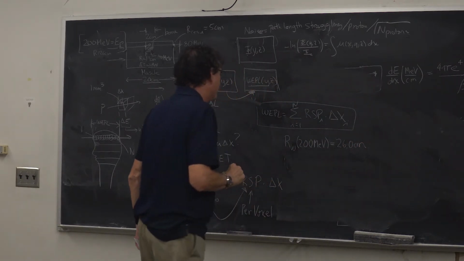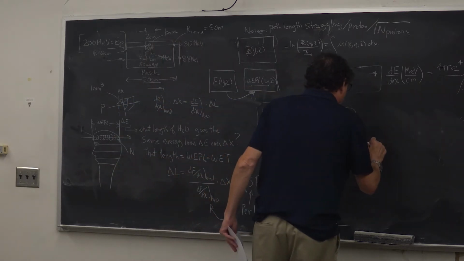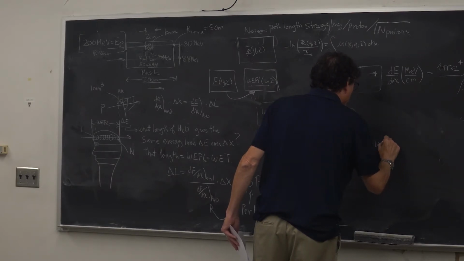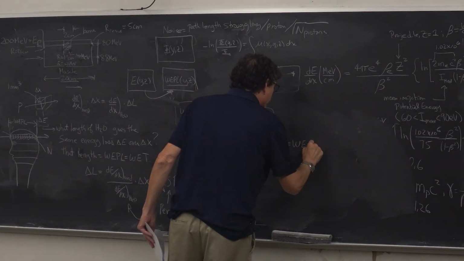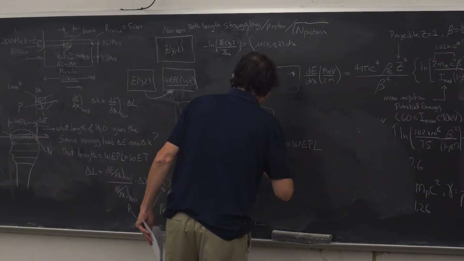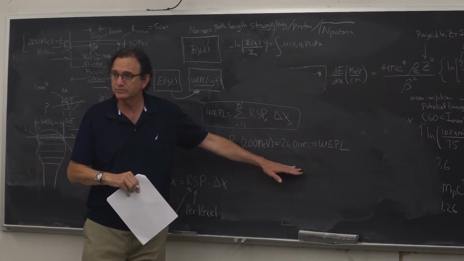We got that from the tables, and that's equal to the water equivalent path length of a 200 MeV beam. It can only go 26 centimeters. That's the full range, right?